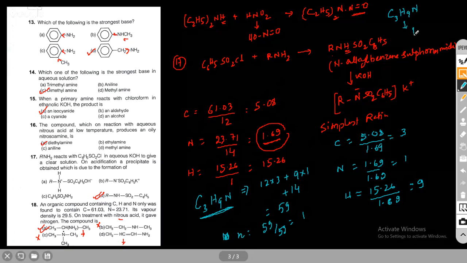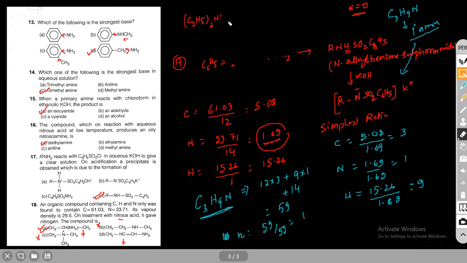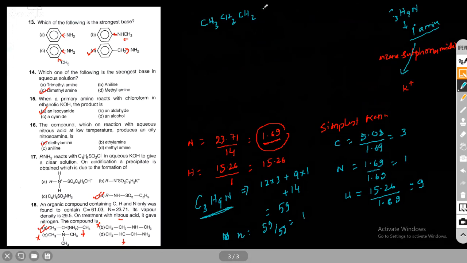We know this compound is a primary amine, so we can draw two structures: CH3CH2CH2NH2, or CH3CH(NH2)CH3.